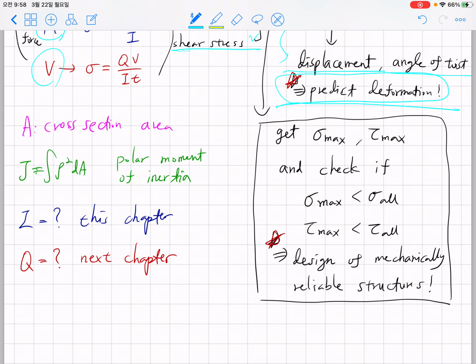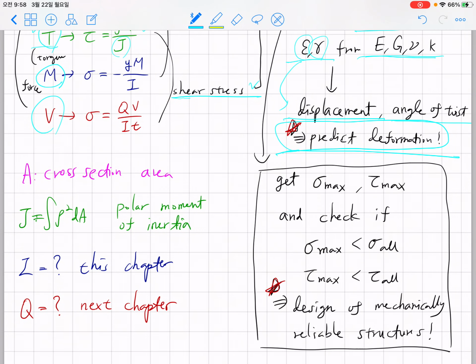These are the overall flow of our lectures, and when you look at the equations for M and sigma, and for V and sigma, you're going to see that we still don't know what I and what Q are, and that will be the topic of this chapter and the chapter that follows. So please try to have this overall picture.